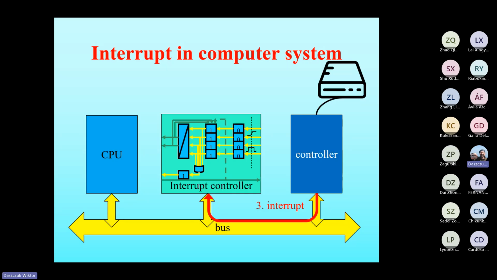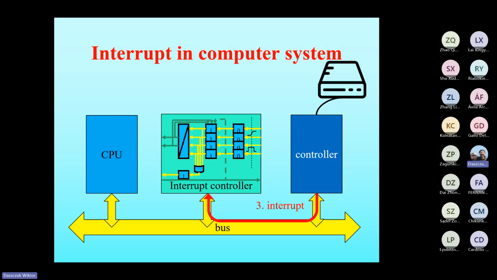There are many interrupt lines in computers, from 4 to, it's unlimited, I think. In Intel processor, the interrupt controller can accept up to 256 interrupts.